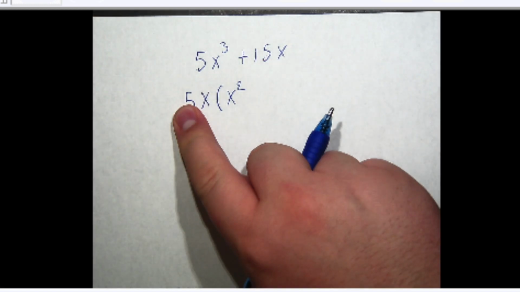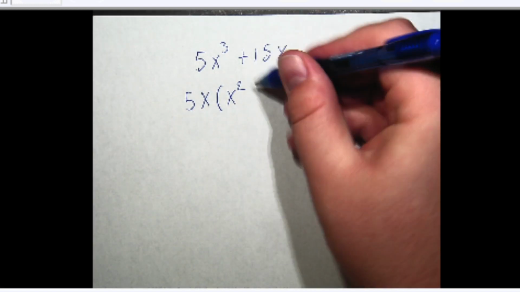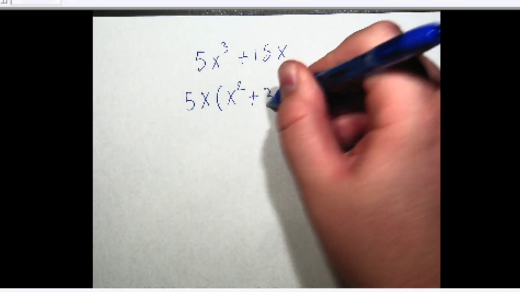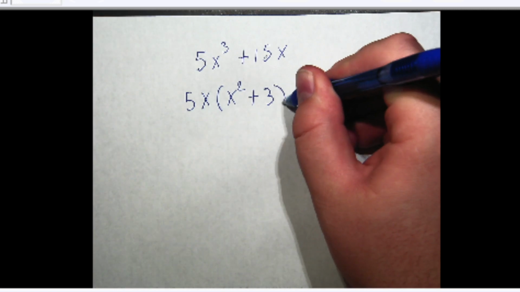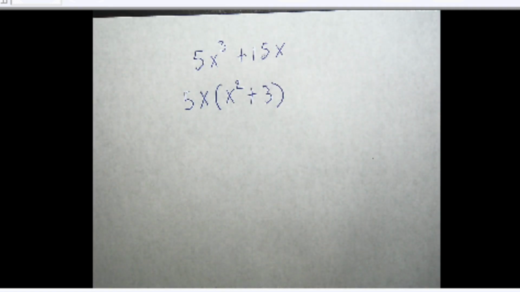Then 15 divided by 5 gives us 3. And then x divided by x, again, cancels. So there's our two factors. So the factored form here is 5x times x squared plus 3.